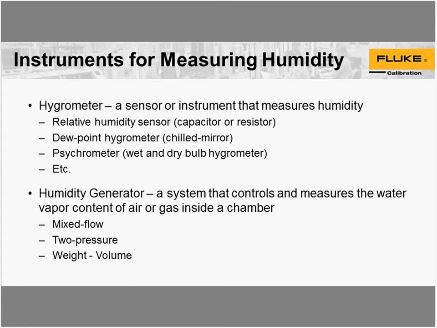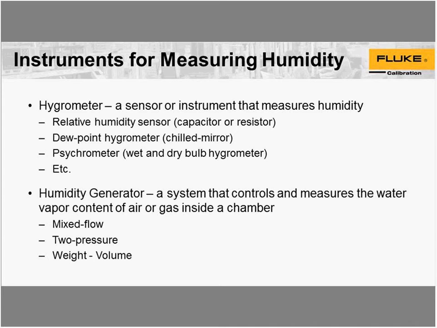And of course there are many other ways of measuring the amount of water vapor in the air. It varies a lot. There's no single best method, and we will cover the more common ones in our webinar today.